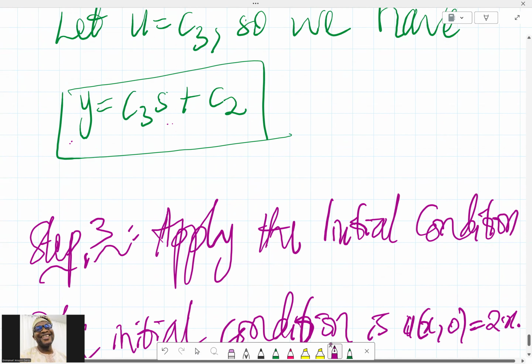I'm trying to see how we relate that here, because y is 0.